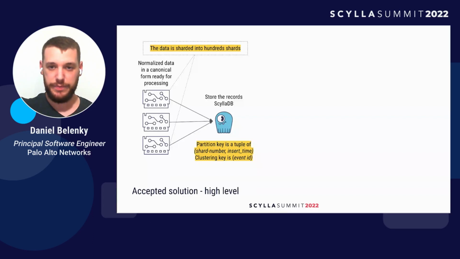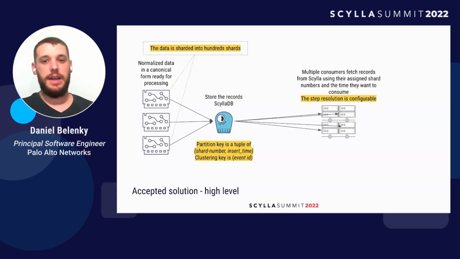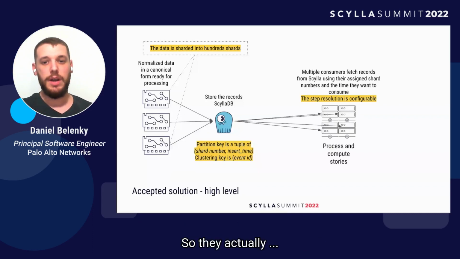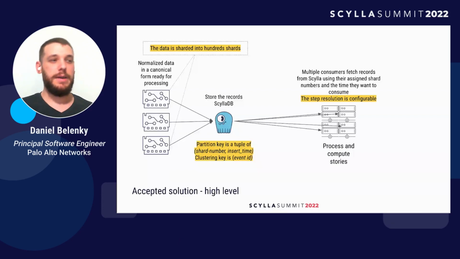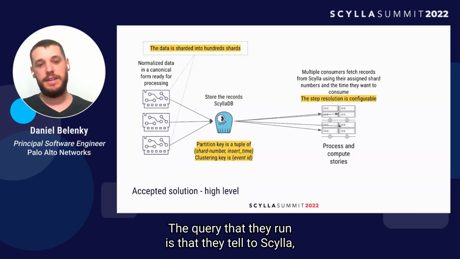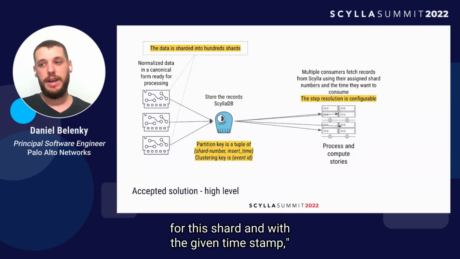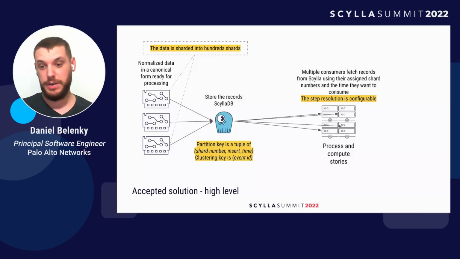dedicated events. So we have our multiple consumers fetching records from Scylla. How they actually fetch records from Scylla is the interesting part. We will see it in detail in the next slides, but basically the query that they run is that they tell Scylla, give me all the data that you have for this partition, for this shard, and with the given timestamp, which, as I said, the resolution is 1 second, for example.